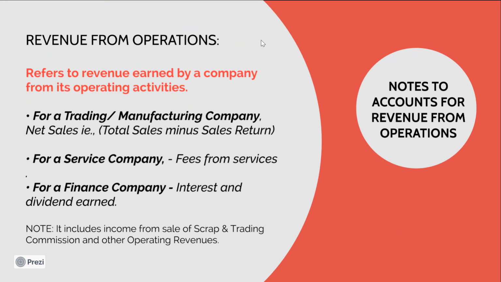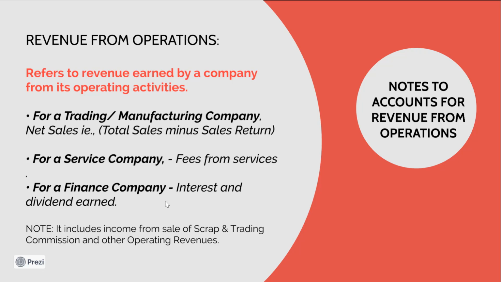It refers to revenue earned by a company from its operating activities. Now, in the case of a trading and manufacturing company, it is equal to net sales, which is the total sales minus the sales return. For a service company, it is fees from services rendered.